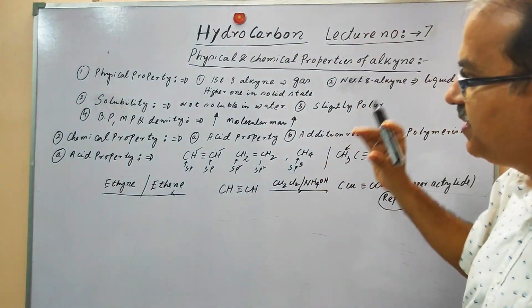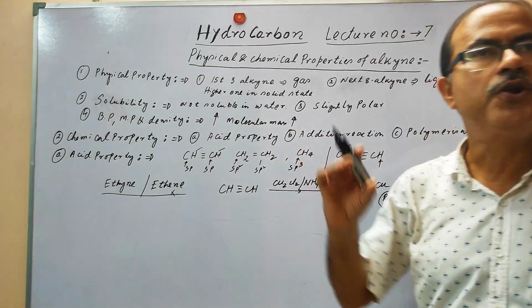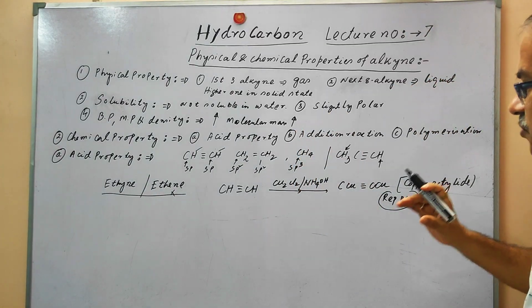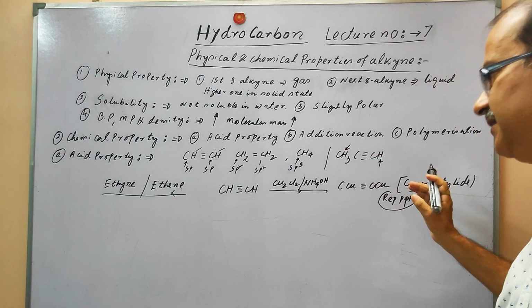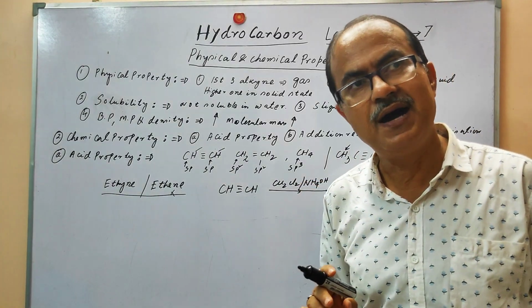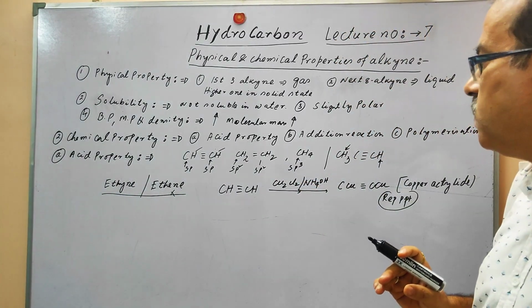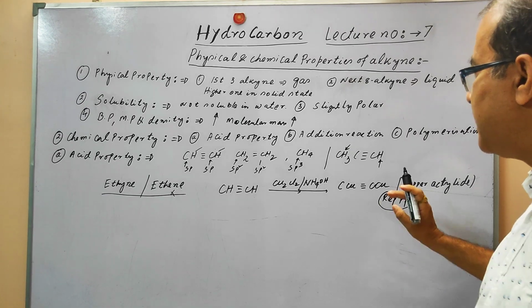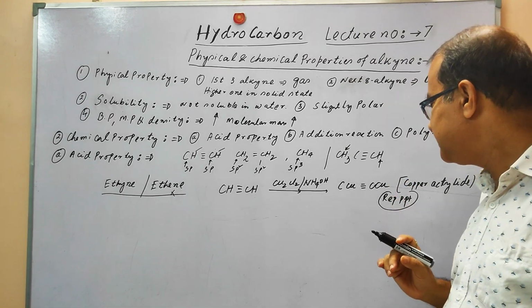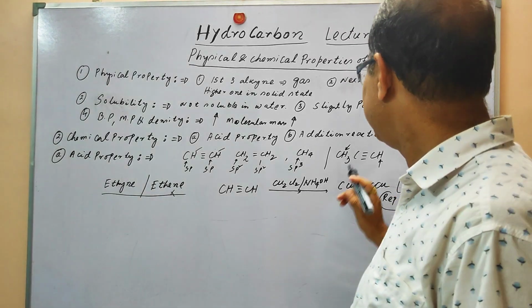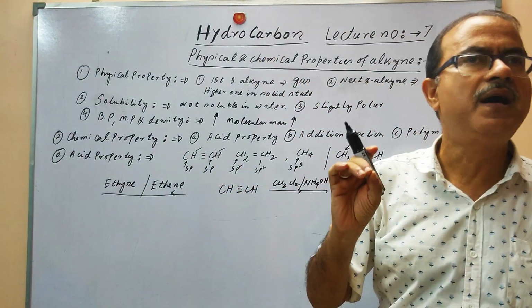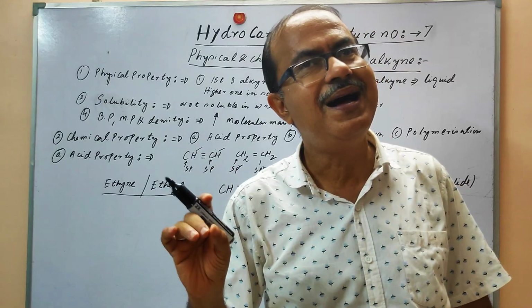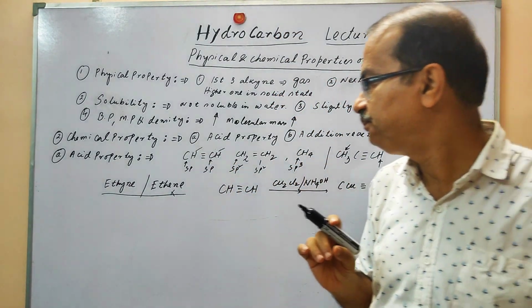So this is a very important reaction, a very important property of ethyne by which we can distinguish ethyne from ethane. This type of question can be asked. So this is the acid property, and in this acid property you can observe that there is a replacement of the acidic hydrogen with the active metal.